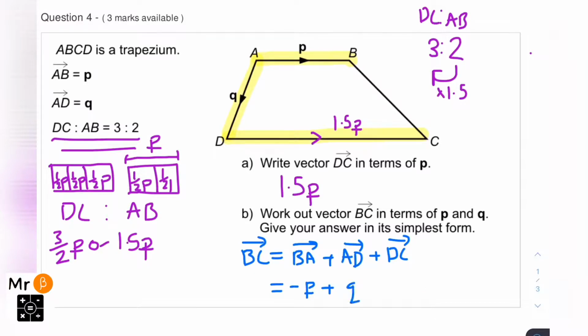A to D is our vector Q, and then finally D to C is that vector 1.5 P. Again, you might find it useful to fill in the imaginary number 1s. Then we just collect together our vectors. So negative 1p plus 1.5p is going to give you 0.5p. And then we've got our 1q left over.